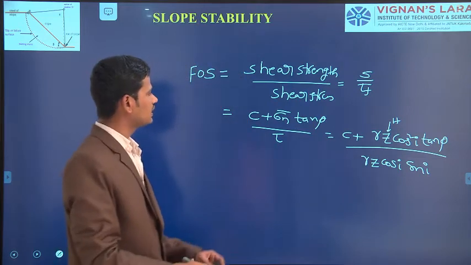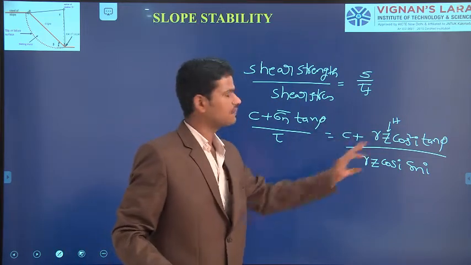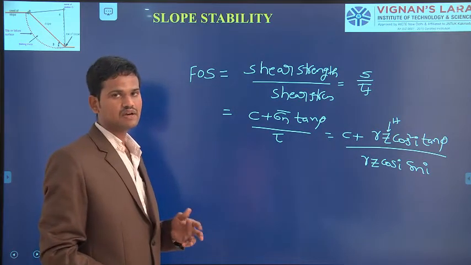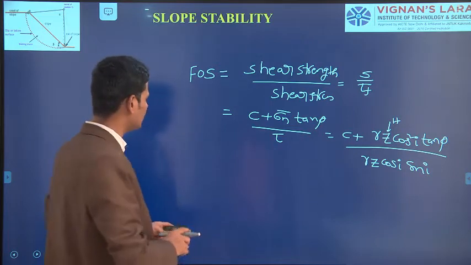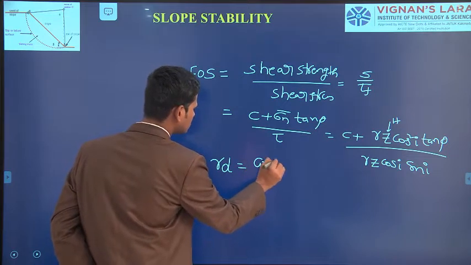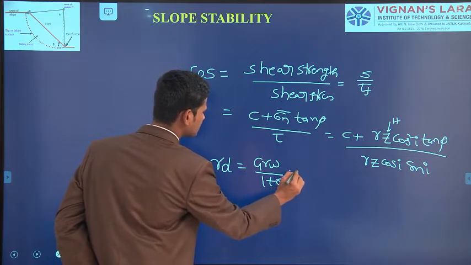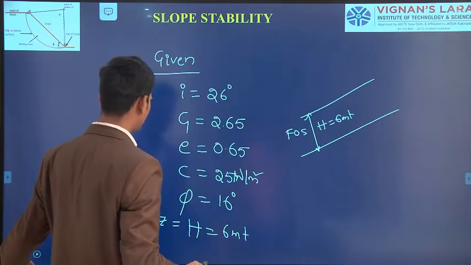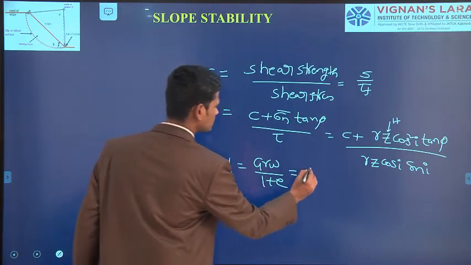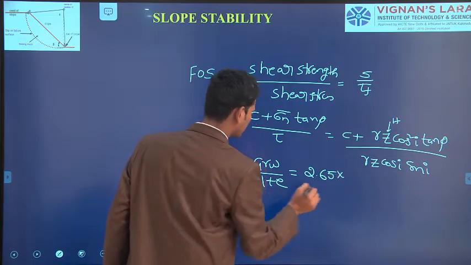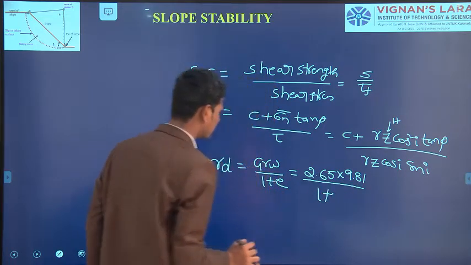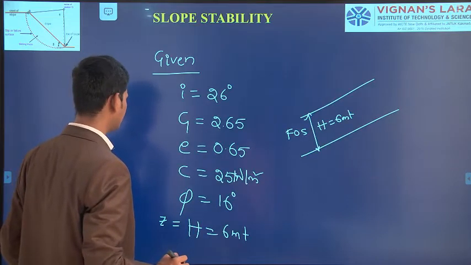If you observe here, all the parameters are given, but the unit weight of the soil mass we don't know. For the first condition they consider the dry unit weight. For this we have the formula gamma D equals G gamma W divided by 1 plus e, where G equals 2.65, the unit weight of water is 9.81, and the void ratio of the soil is 0.65.